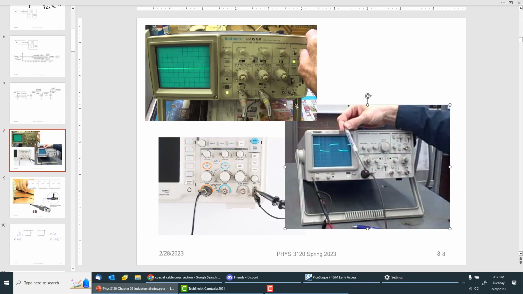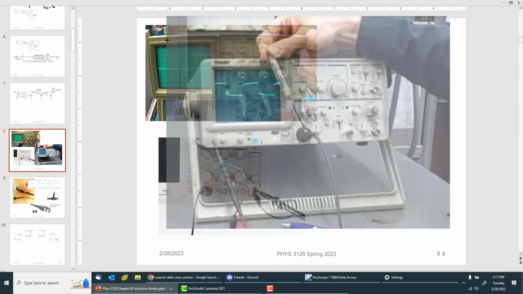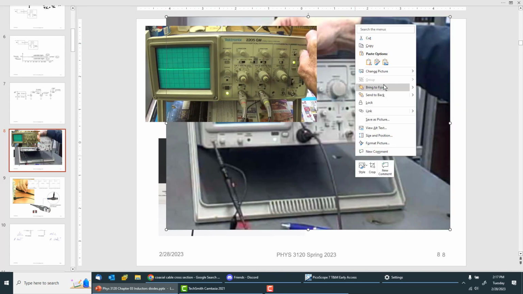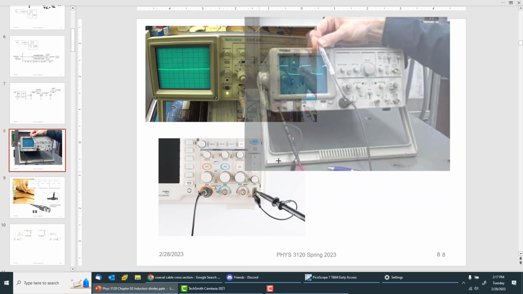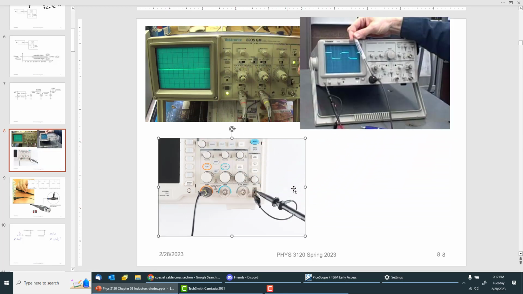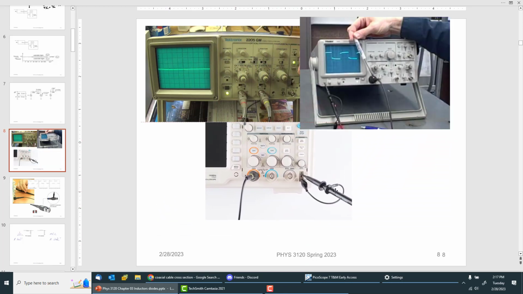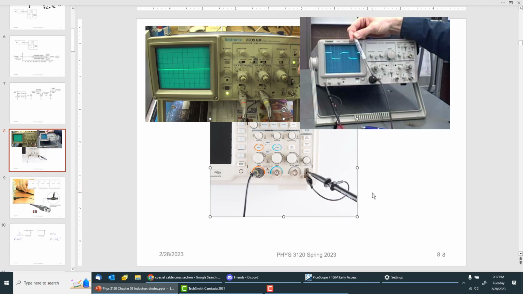Here's another one. Let's see where this one is. And oh, here it is in the lower left. In this case, it's a loop, and you're able to hook the scope probe to it. This one's on the lower right, but I do know that some of them have it.